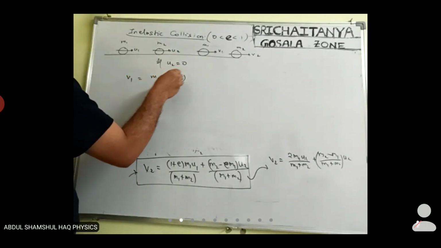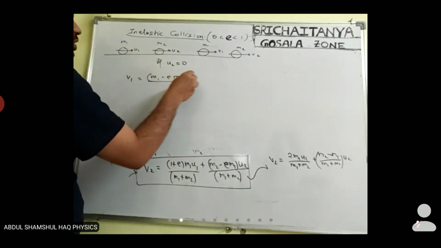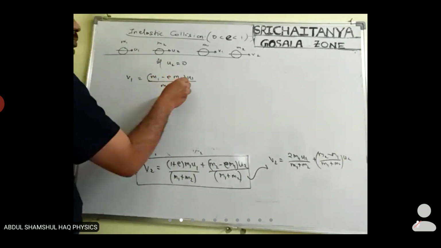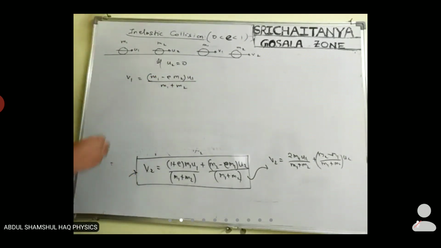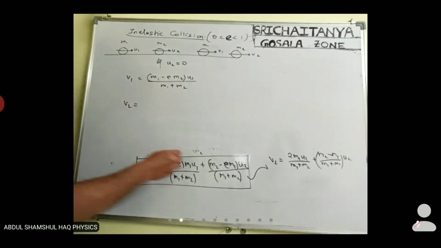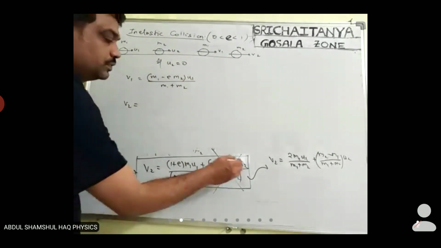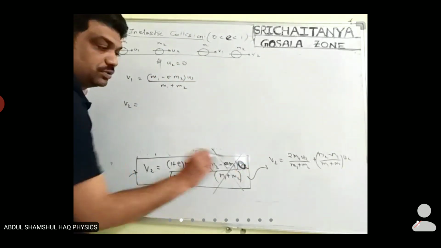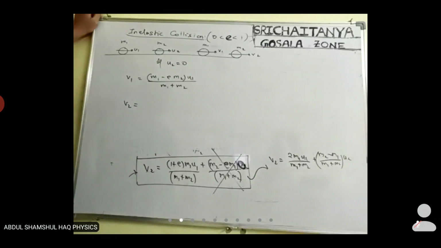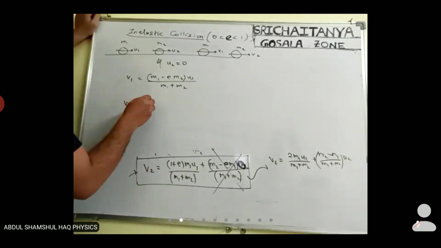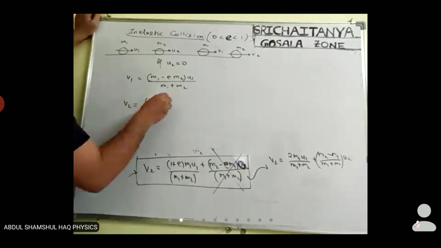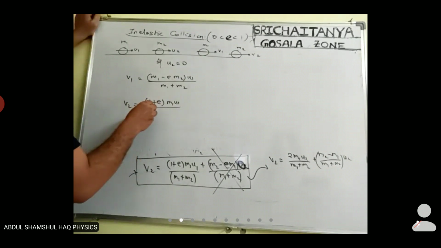M1 minus E M2 into U1 whole divided by M1 plus M2. And for the second body at rest, U2 is equal to 0, so this term will vanish. That means we have only this part: (1 plus E) into M1 U1 whole divided by M1 plus M2.